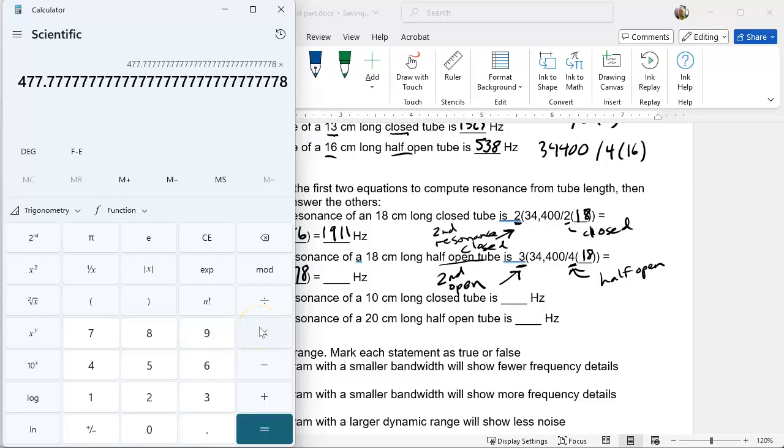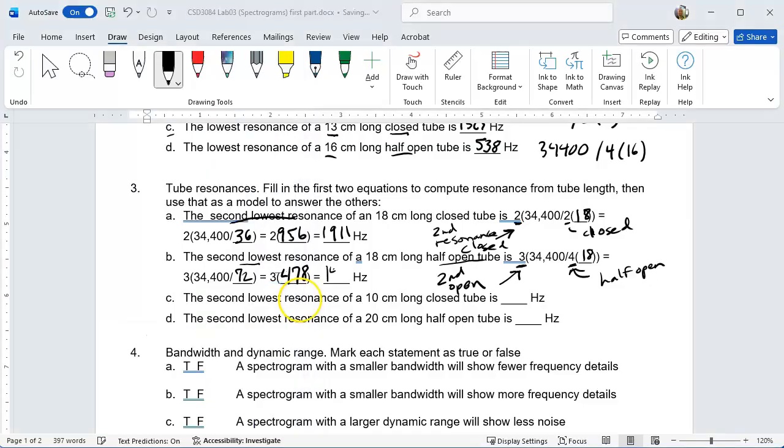Multiply that now by 3, the odd multiple for the second resonance because it's a half open tube, and I get 1433. Or so. If you used 478 directly, I think it'd be 1434.